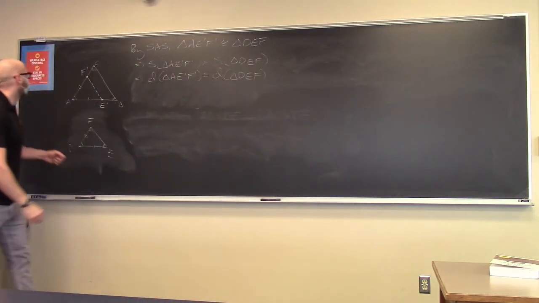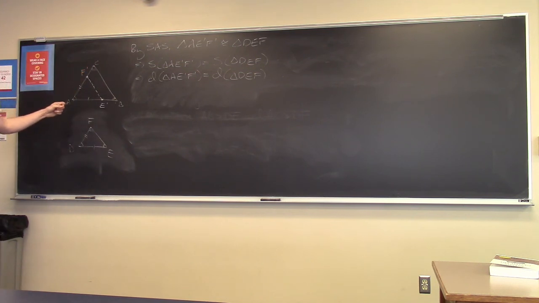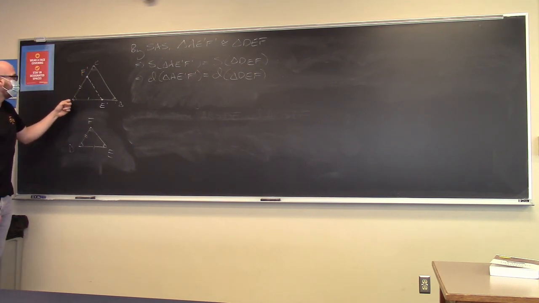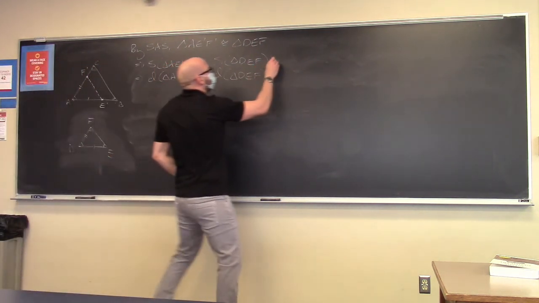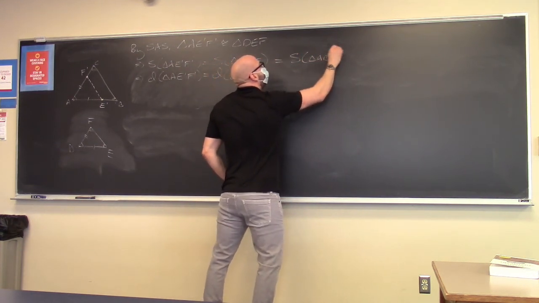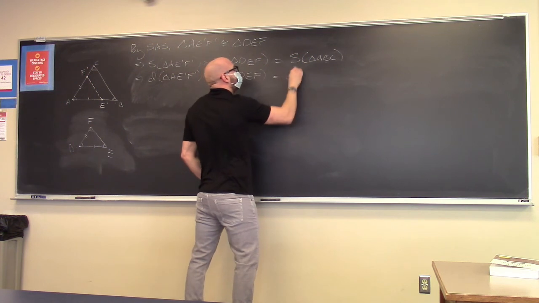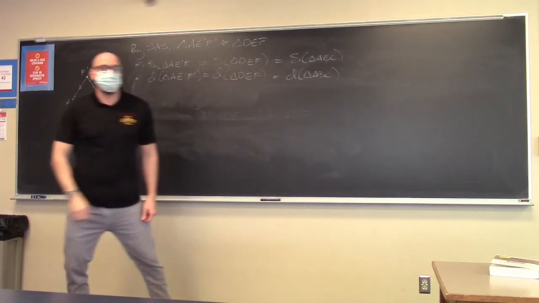But how do those relate to the angle sum of the original triangle ABC? Well, ABC has the exact same angles as DEF, right? So the angle sum of DEF is the exact same as the angle sum of ABC, which means they have the same defect as well.